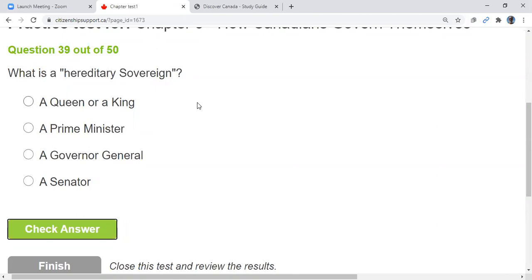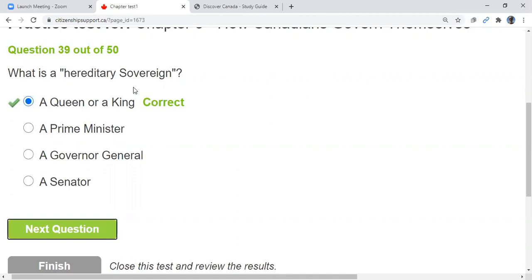Do you remember what the word sovereign means? If I remember, the answer is like queen or king. There you go. Yes, they use that word sovereign a lot.